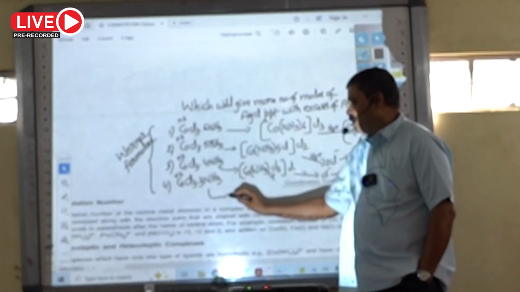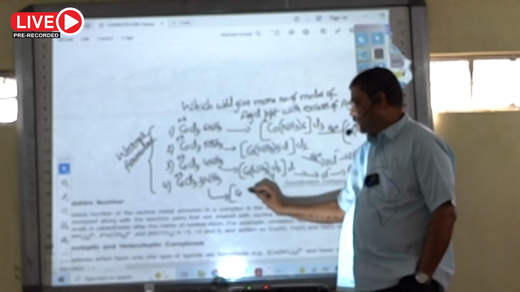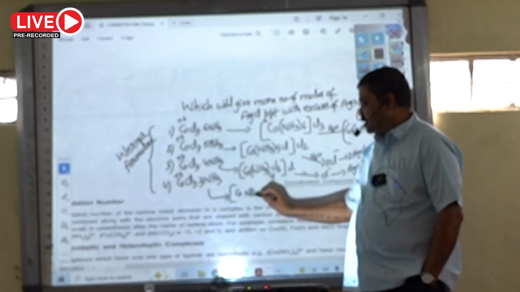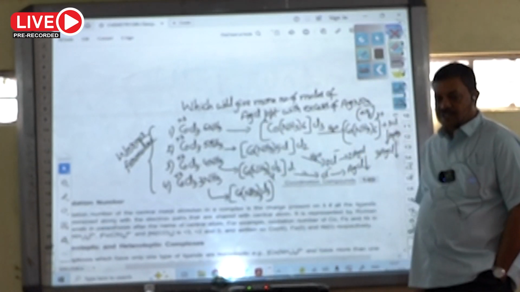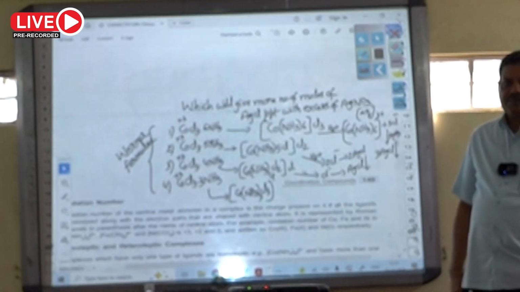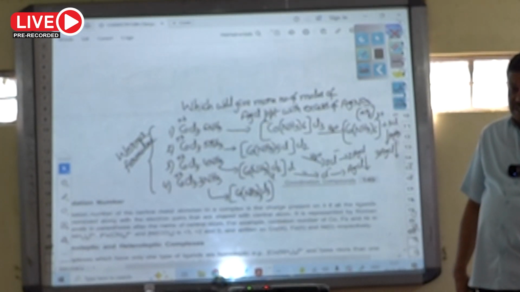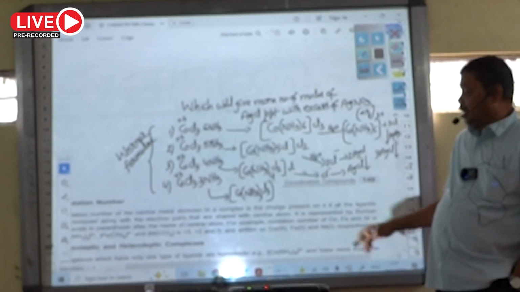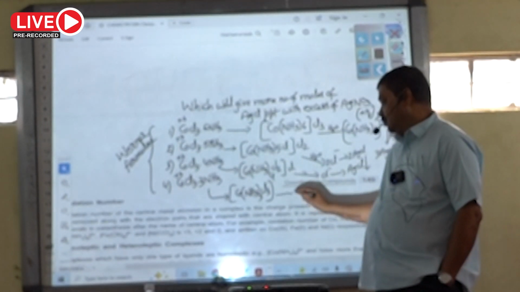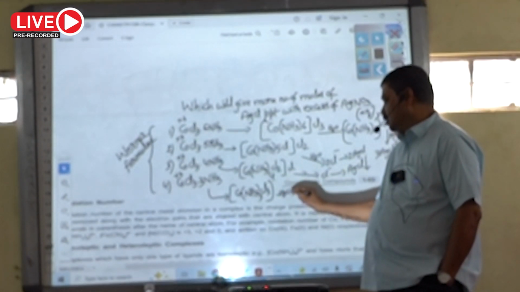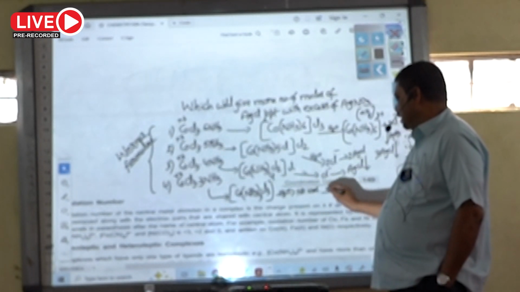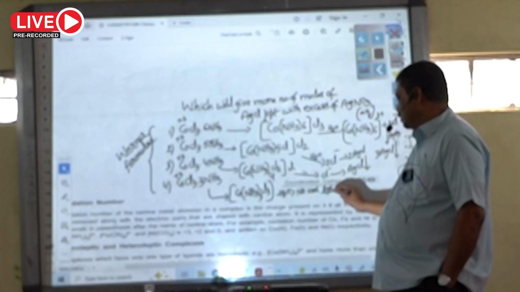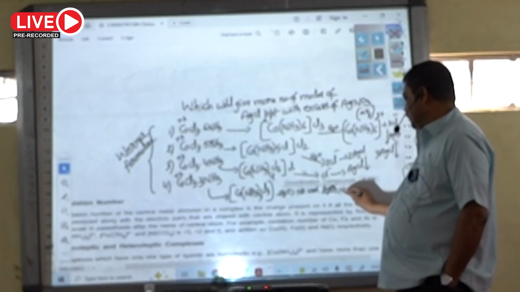The last one, everything is in the square bracket. 3 ammonias, all 3 chlorines must be enclosed in the bracket, which is called coordination sphere, to maintain the coordination number 6. So it is non-ionizable in water, no ions, with AgNO3, no precipitate.